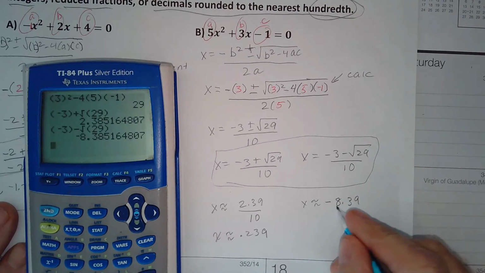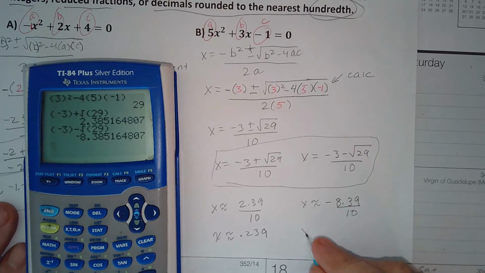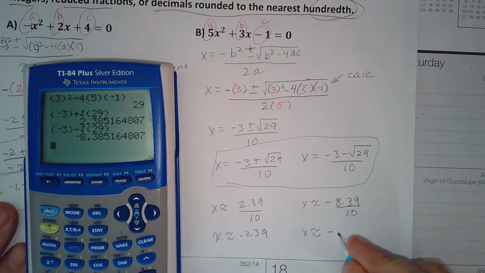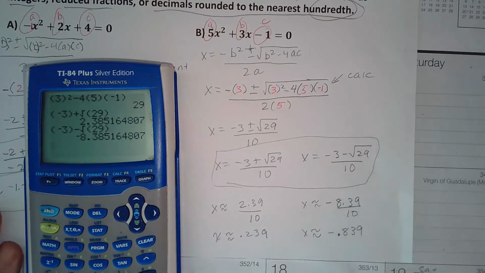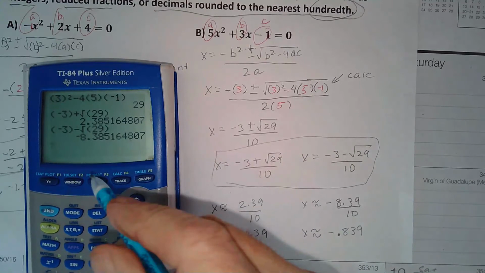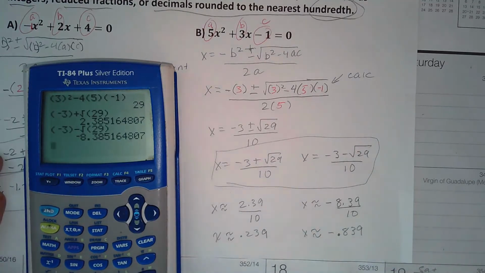And again, divide that by 10. x is approximately negative 0.839. Okay, because we're just moving the decimal point over 1. You can divide it by 10 in your calculator if you want. That makes it simpler, but this is just as easy. So here's again the possibilities.